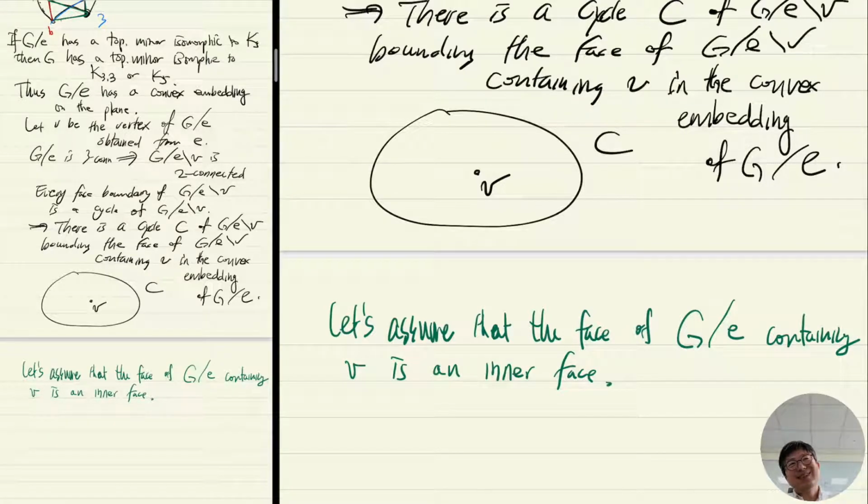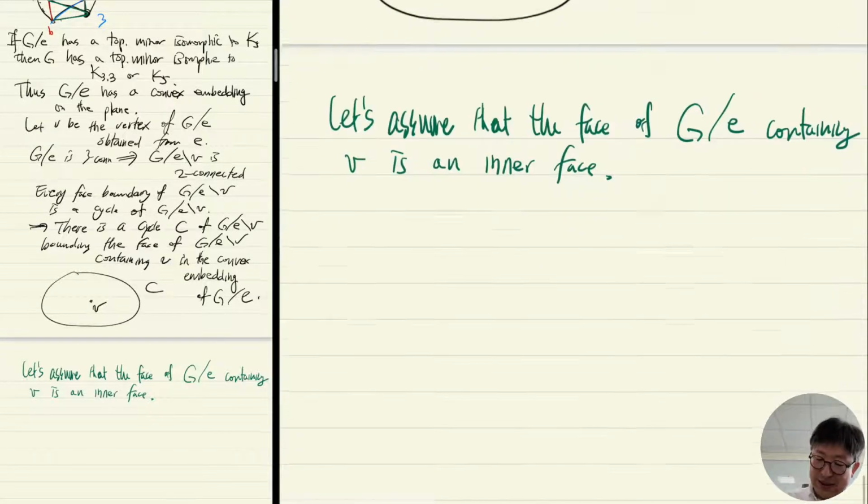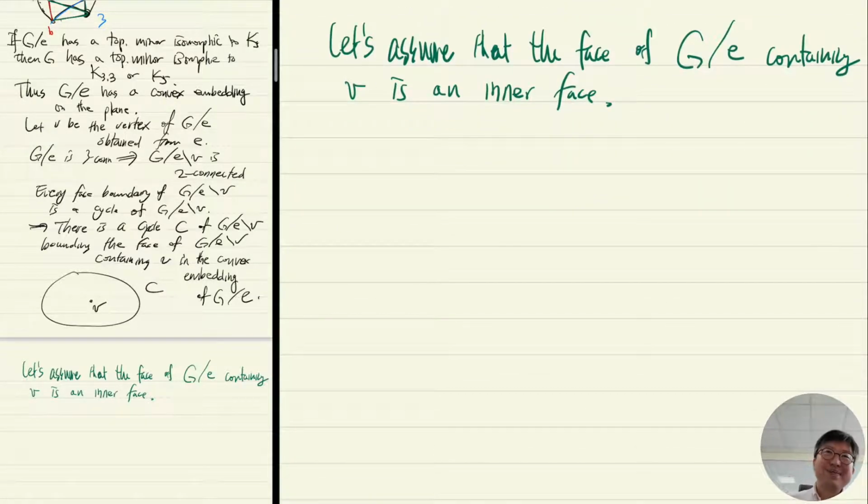Either you can say that if you have a convex embedding, you transform it to another convex embedding where this is an inner face. That's one way. Or you can do the same argument later. Even if this face is the outer face, you can still do the same argument. Both cases are the same, so let me proceed with just one case.